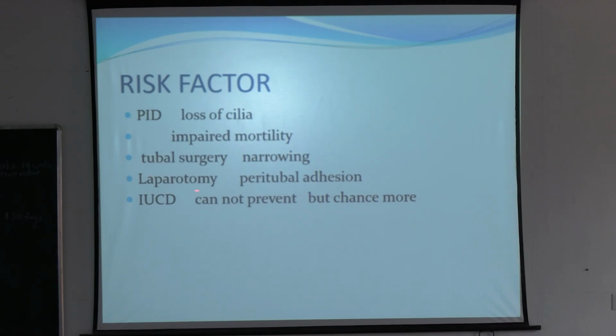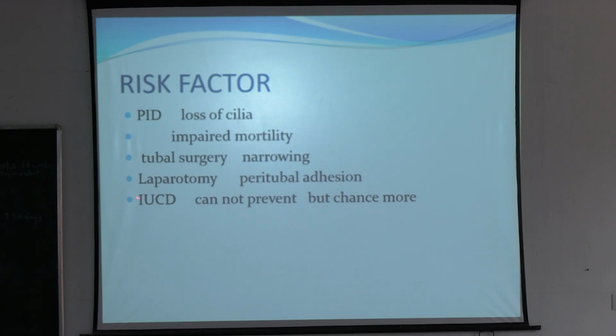And IUCD, the intrauterine contraceptive device, which is introduced into the uterine cavity, can prevent uterine pregnancy but cannot prevent extrauterine pregnancy. So uterine pregnancy is prevented, but extrauterine pregnancy is not prevented.